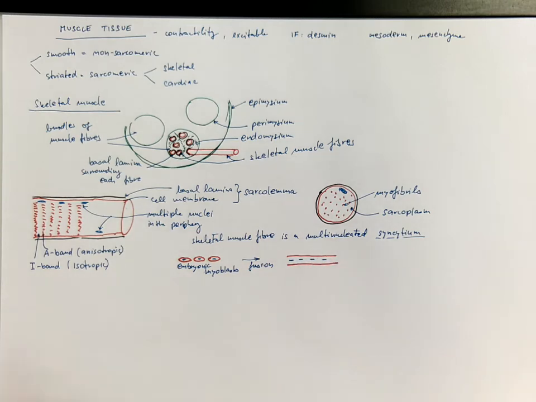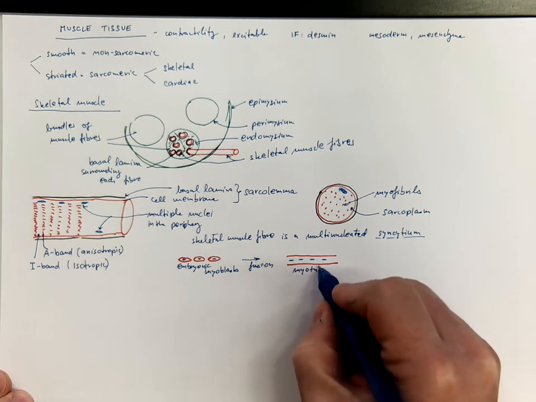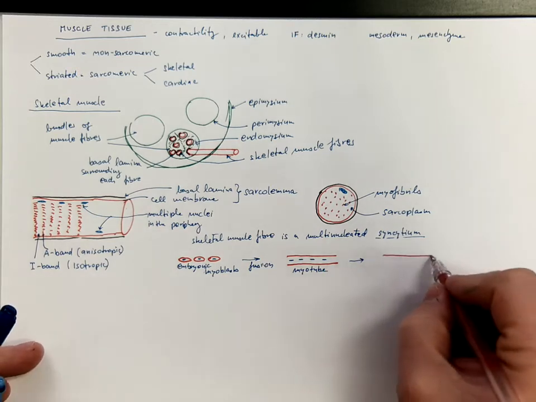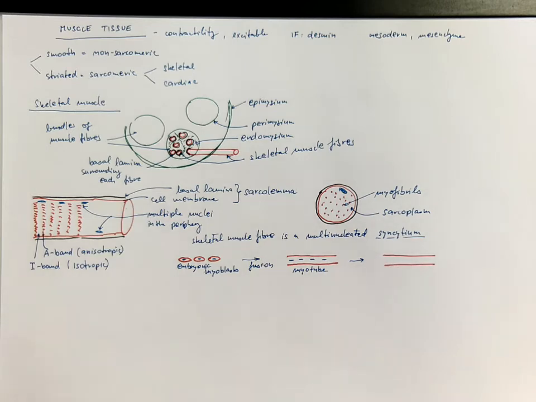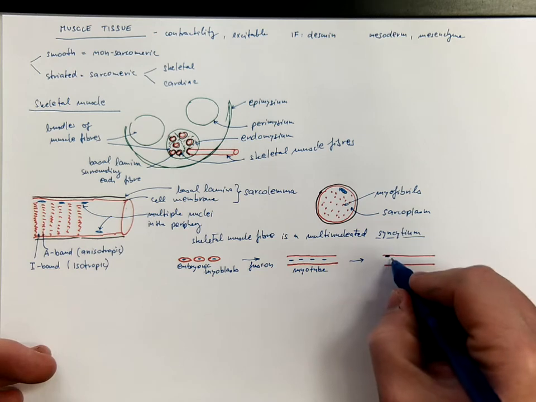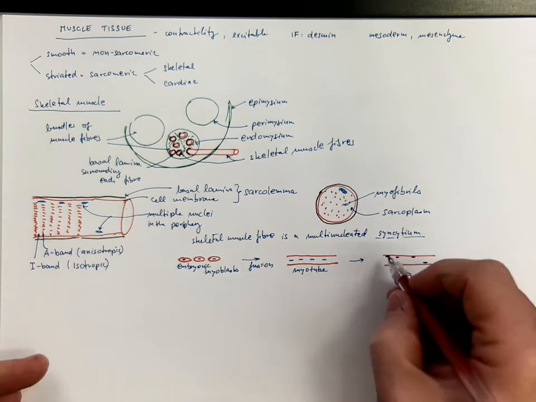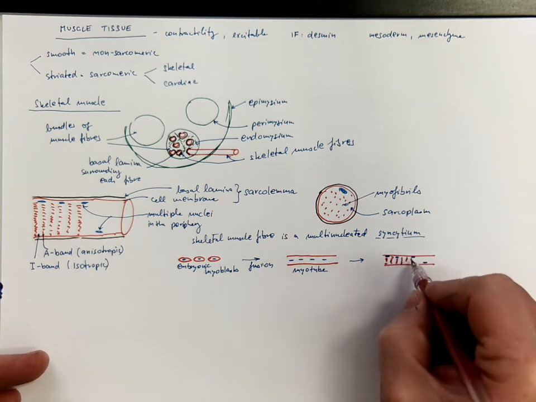It's called myotube. And during differentiation, maturation, it becomes the skeletal muscle fiber as we know it. And the nuclei migrate to the periphery, and the cross striation pattern appears.